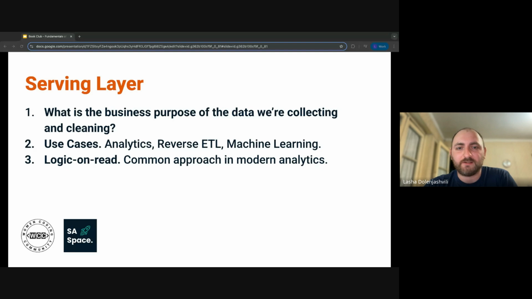So in analytics, we can have operational analytics. This is like real-time monitoring of business processes. We can have business intelligence that is related to dashboards for different business use cases. And also we can have customer-facing analytics.